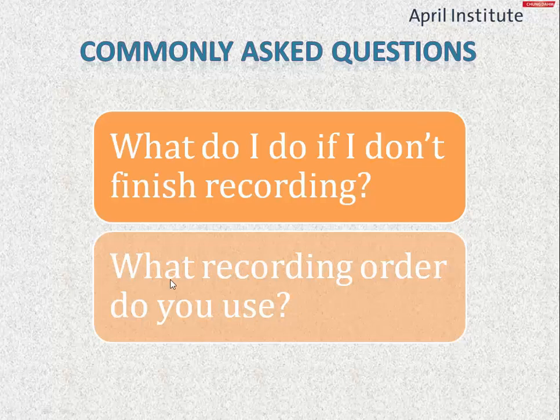The second question is, what recording order do you use? So what I found works best is, I should say, the scenes are generally similar. So I will have every group do scene 1 at the same time.